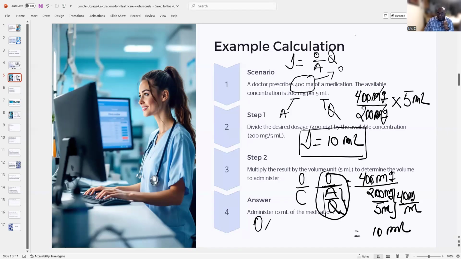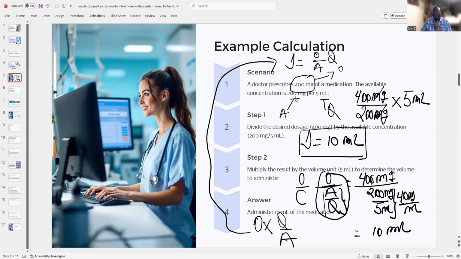So once you flip that one, that's how the quantity goes on the top. Then the available goes in the bottom. Those mathematics are gonna follow you everywhere. Just remember your dosage calculation: it's your order, times quantity, divided by available.